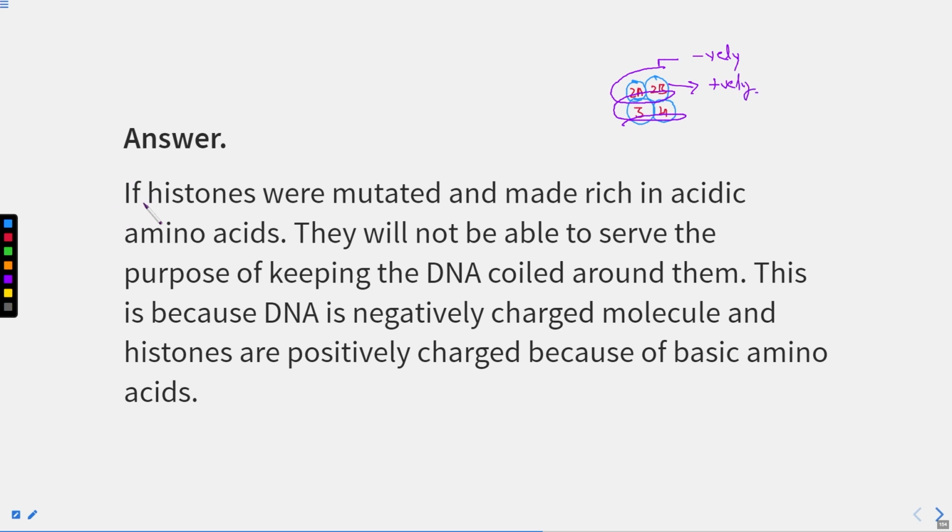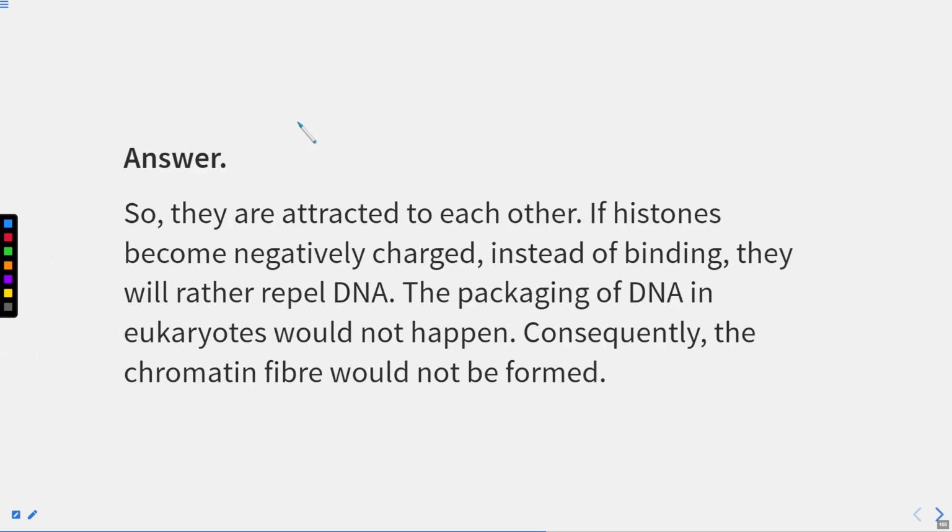So here you can see, if histones were mutated and made rich in acidic amino acid, they would not be able to serve the purpose of keeping the DNA coiled around them. Here the negative charge of the DNA is stabilized by the positive charge of the histones, because of the basic amino acids.